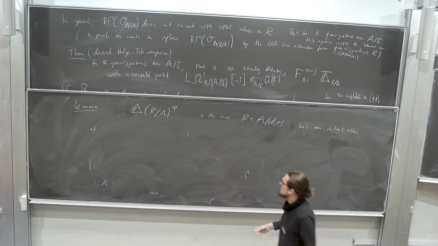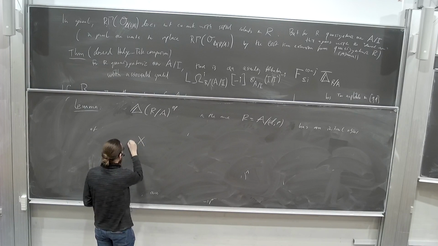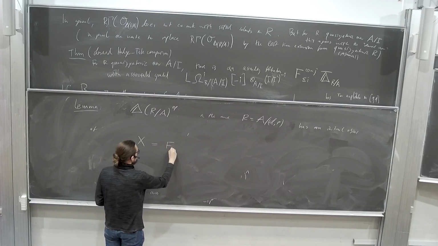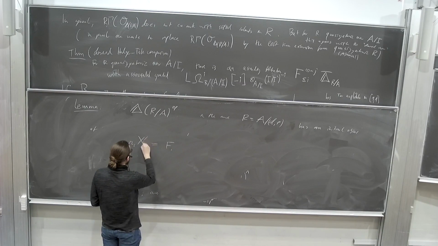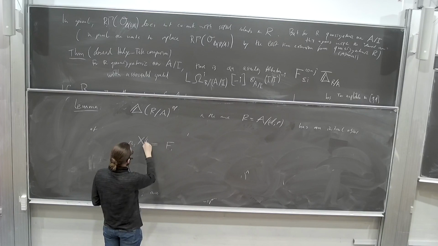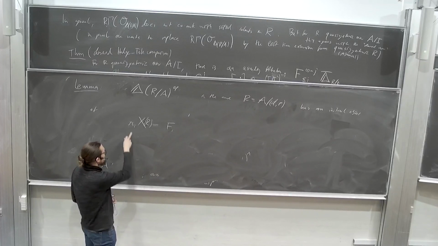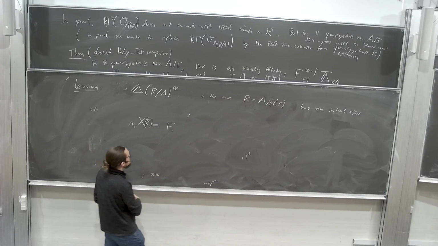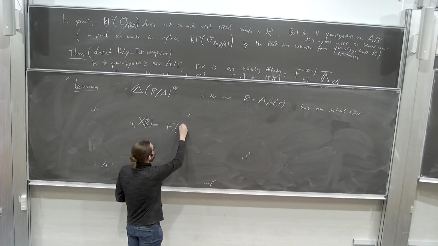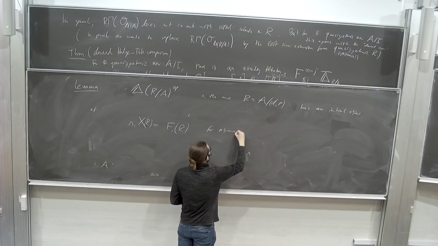So if you have some spectrum X, let's say we have some functor X from rings to spectra. We have some functorial description of homotopy groups for polynomial R.